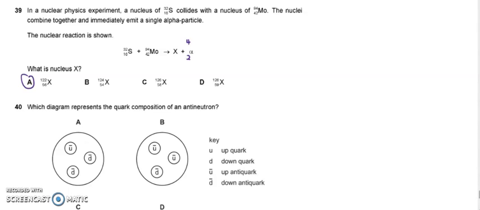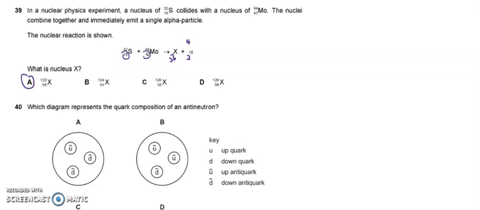Question 39. The number of protons on the left hand side of the equation must equal the number of protons on the right hand side. So if this is 16 plus 42, if we subtract 2, you get 56 here. And the total number of nucleons must also balance on the left and the right hand side.